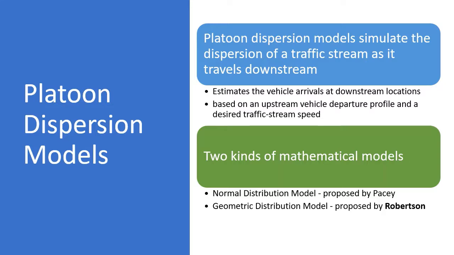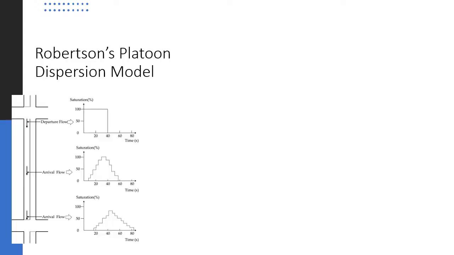Next we will see the mathematical model, or the model structure, to explain the Platoon dispersion. In the previous class, we discussed the concept of Platoon dispersion. In this figure you can see two intersections, and the direction of flow is also given here.